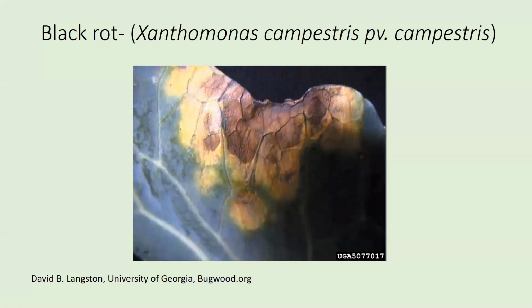And so you want to get certified seed that doesn't have the disease, or certified transplants. You don't want to work in wet fields with this disease, because that just helps to spread it. You want to have a crop rotation that you use, and try to find resistant varieties.